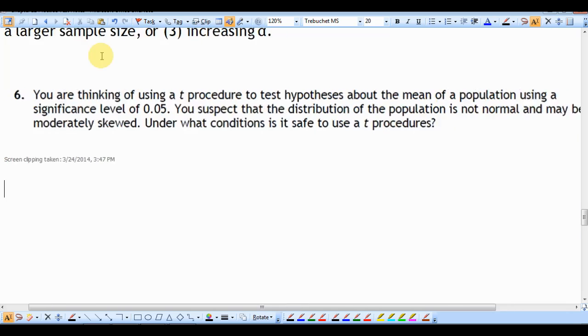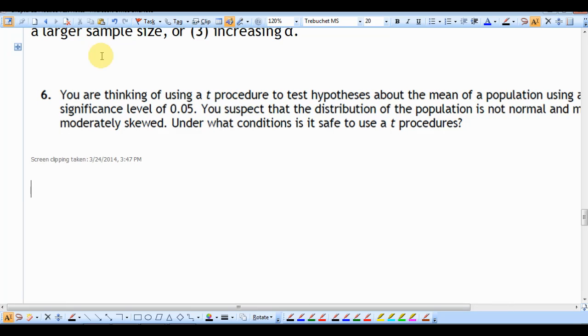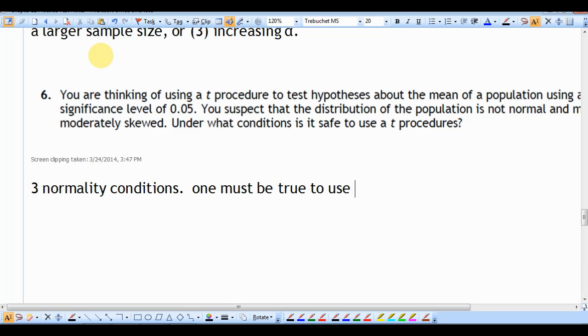Okay, so remember there are the 3 normality conditions. One of these has to be true to use T procedures. Condition 1: large sample, n is greater than 30.